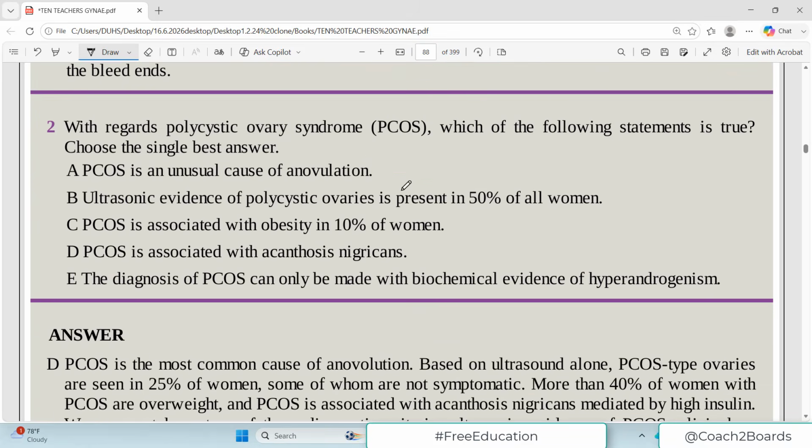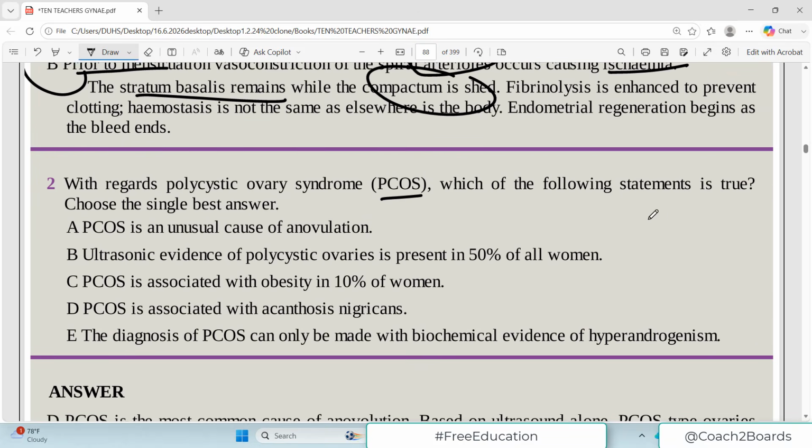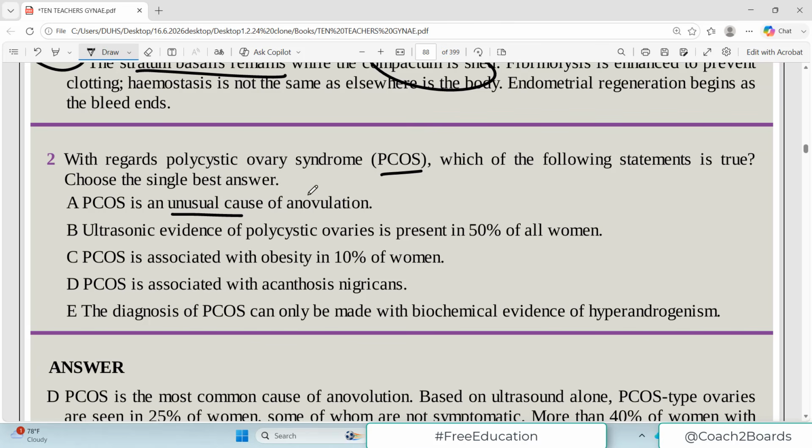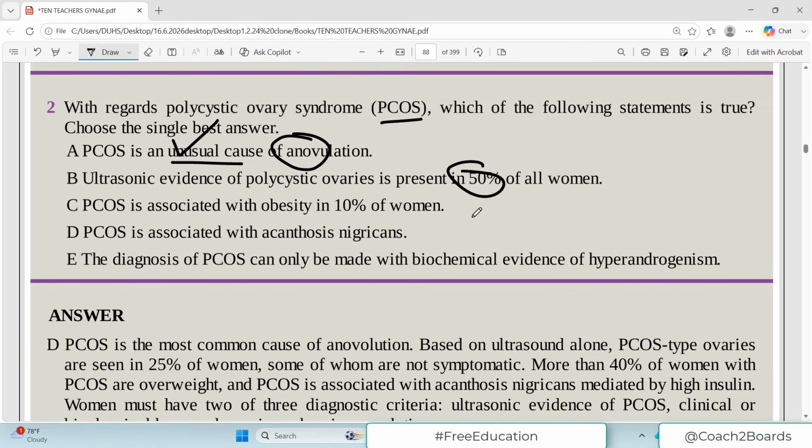Now, with regards to PCOS, which of the following statements is true? It is an unusual cause of, no, it is a common cause of anovulation. Ultrasonic evidence of polycystic ovaries is present in 50% of the women. No. Roughly around 25%. PCOS is associated with obesity in 10%.